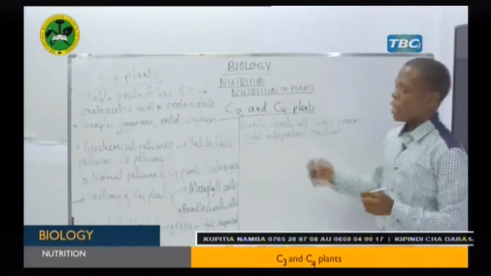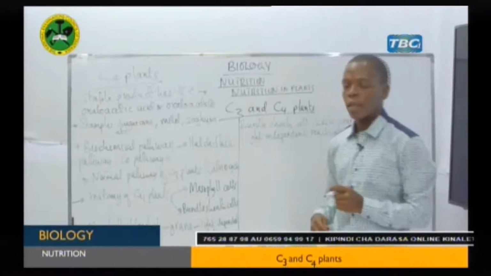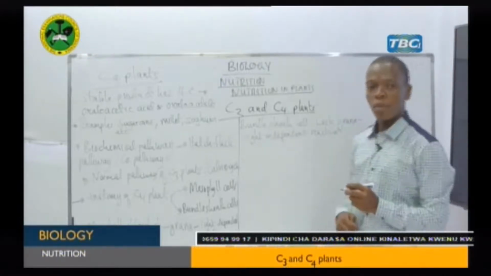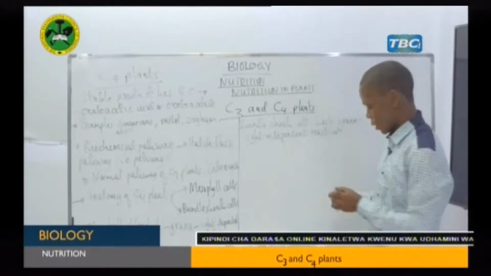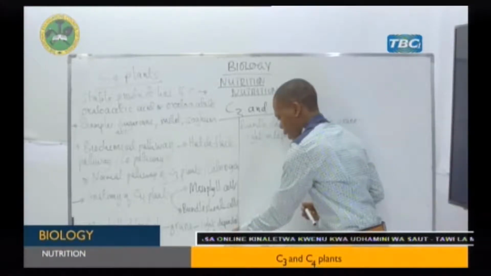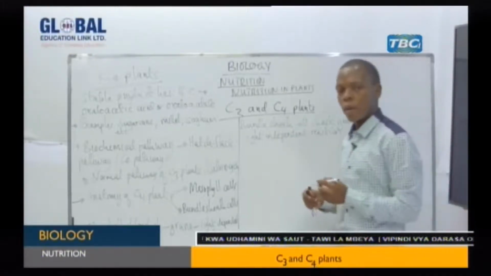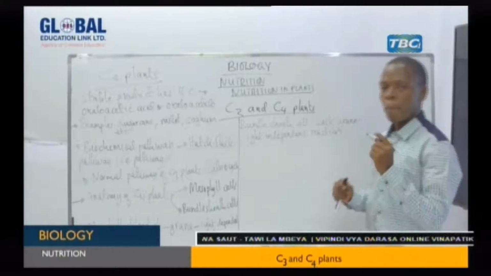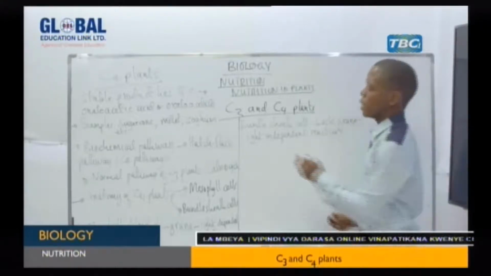But also, in this C4 plant, there are different enzymes which are involved during this process. These are RuBisCO (rubisco carboxylase) and PEP carboxylase. There are two enzymes.